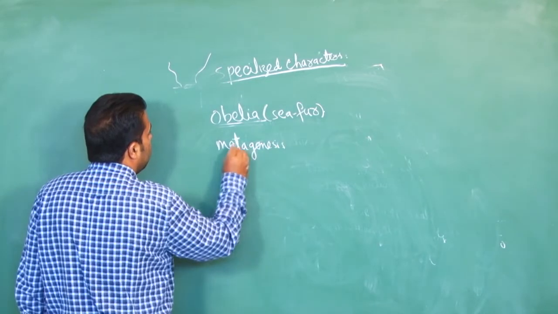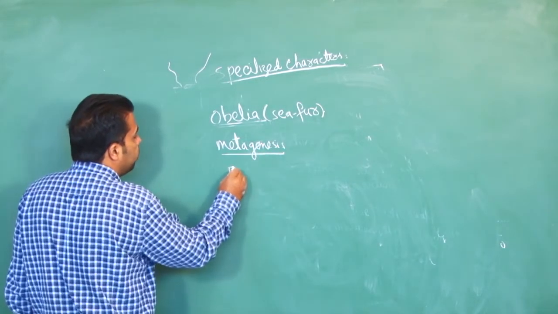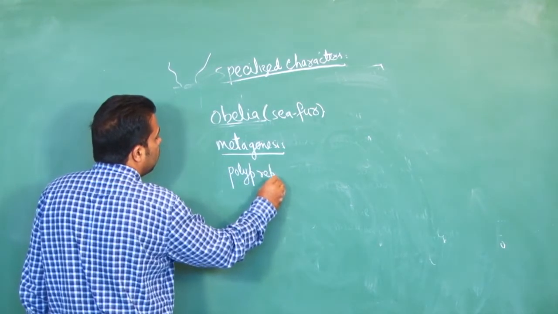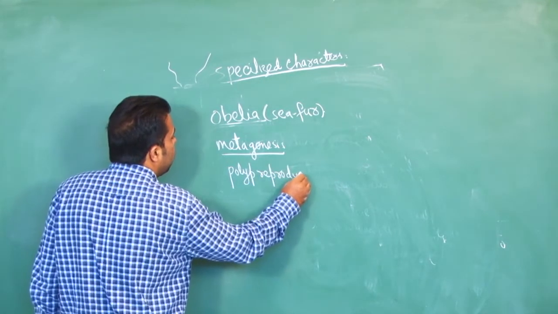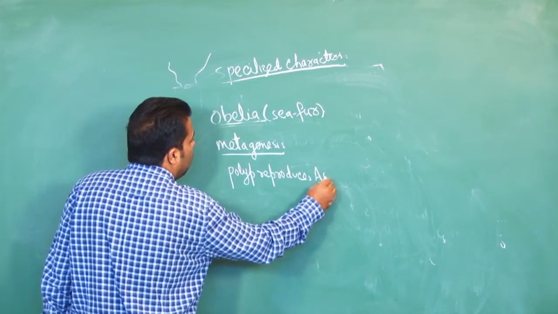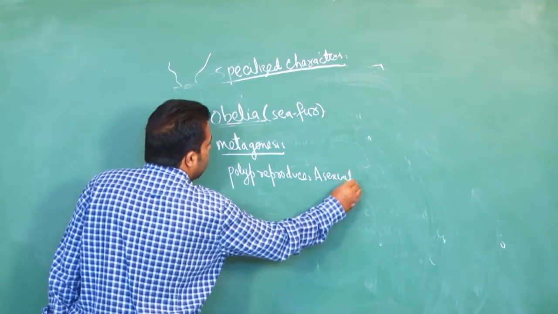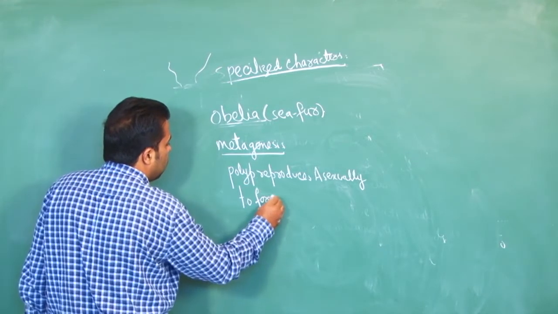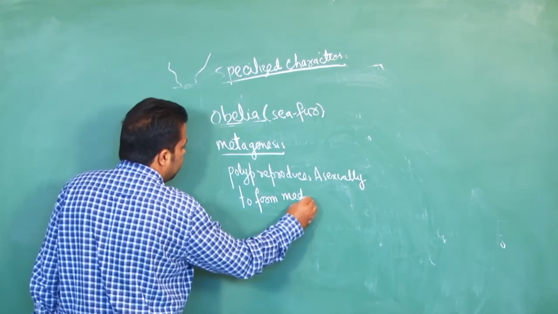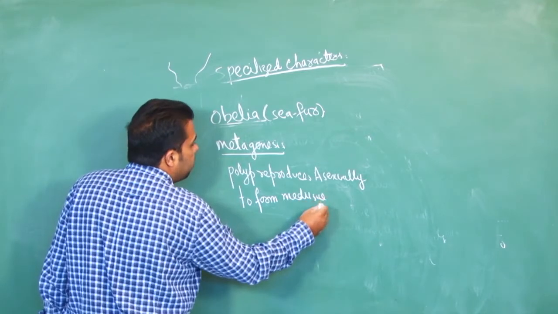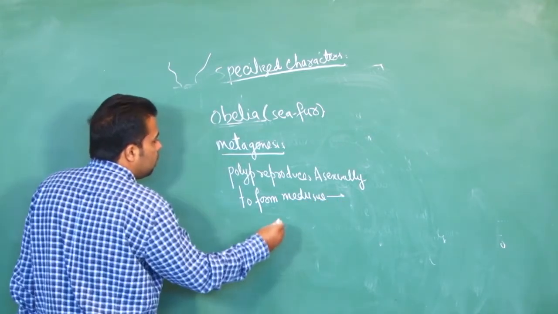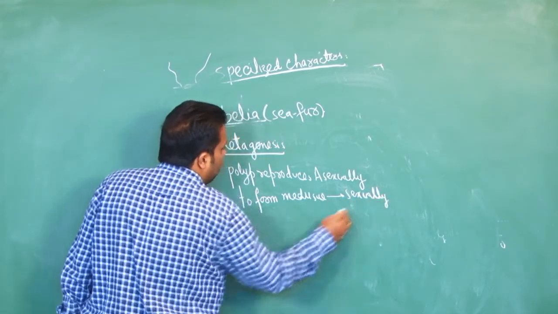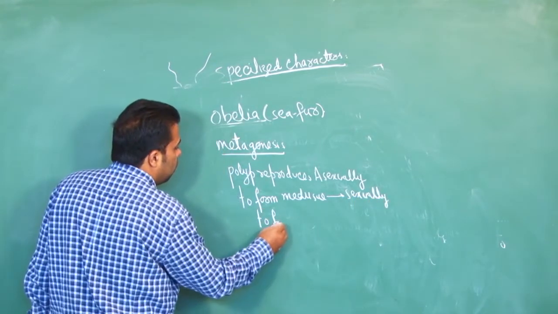Metagenesis means polyp reproduces asexually to form medusa, and medusa reproduces sexually to form polyp.